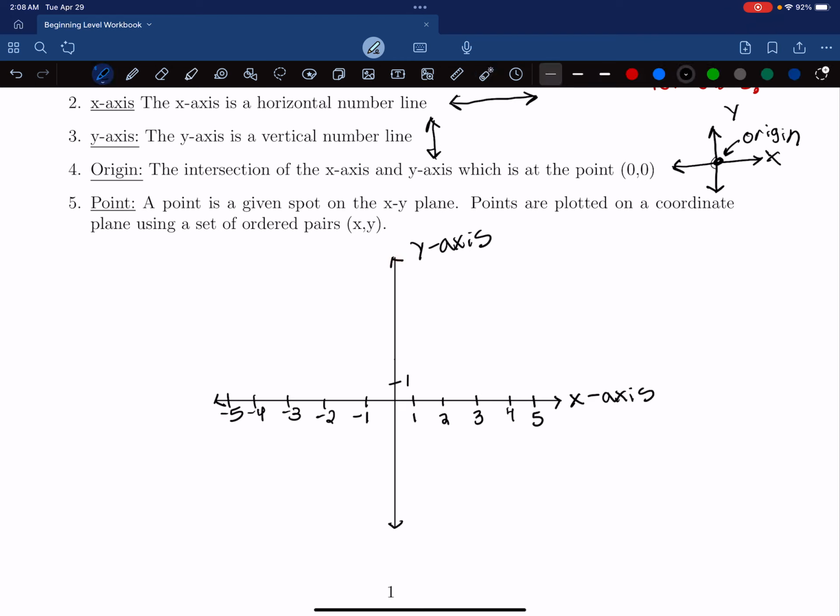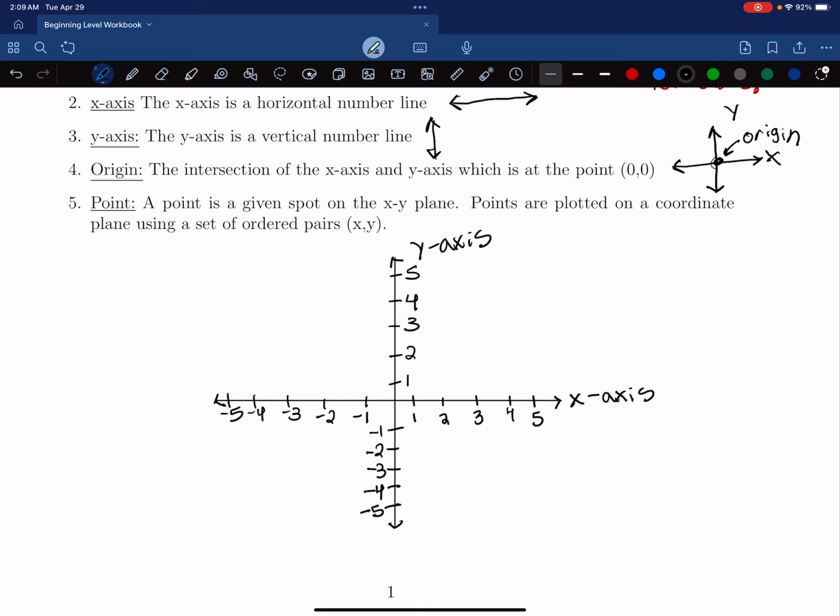So we're going to have 1, 2, 3, 4, and 5. And then below the x-axis, that's where our negative numbers are going to be. So here we're going to have -1, -2, -3, -4, and -5.